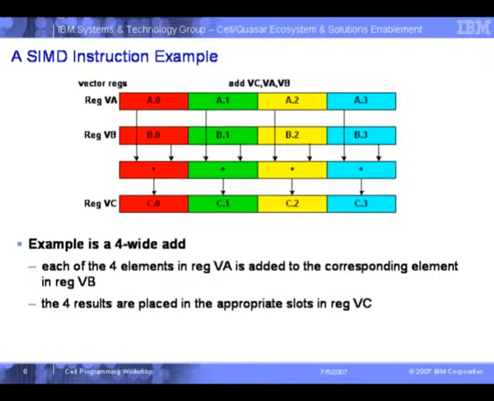Then in one cycle, we're doing 4 adds. Compared to a scalar architecture, what would you do? You would do A0 plus B0 equals C0 in one cycle, in the next cycle A1 plus B1 equals C1, the next cycle A2 plus B2 equals C2. That's a normal, typical sequential program.